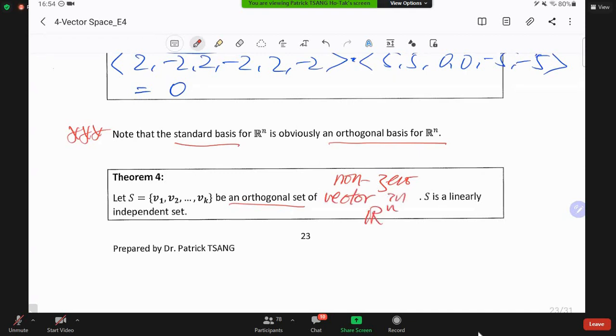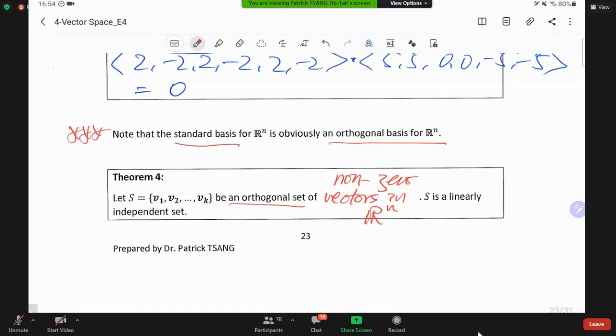All right. So let me repeat. Now I would like to assume there is a set, capital S, with k vectors inside, v1, v2, until the last one, vk. So that this set will be claimed to be an orthogonal set of non-zero vectors in Rn space.